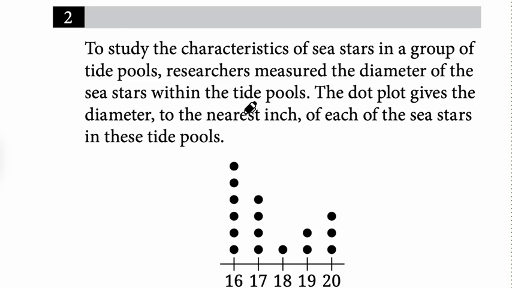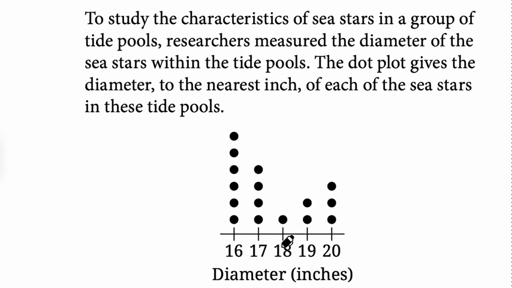It's just that sometimes there is too much data or too many words given in a question. So try to find actually what is being asked or what information is being given in this question. So let's see. To study the characteristics of sea stars in a group of tide pools, researchers measure the diameter of sea stars in the tide pools.